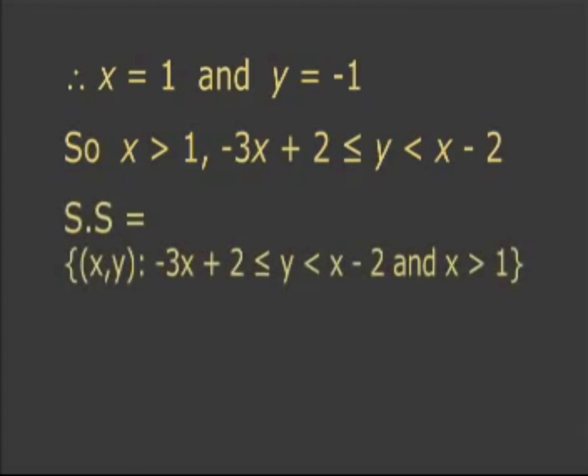The solution set is expressed as the set of x and y such that -3x plus 2 is less than or equal to y, which is less than x minus 2, and x is greater than 1.